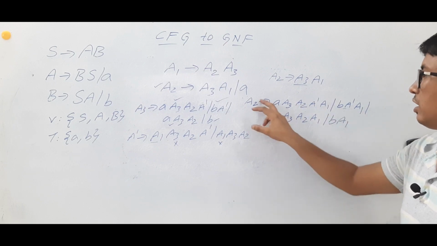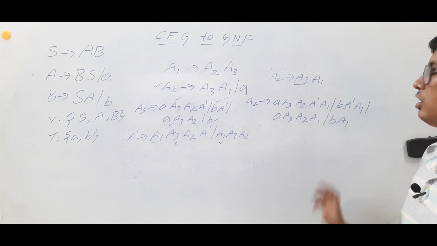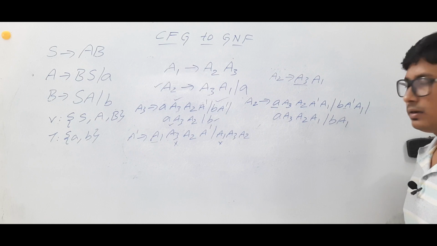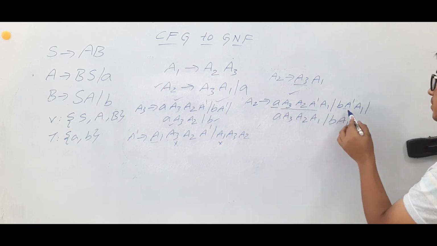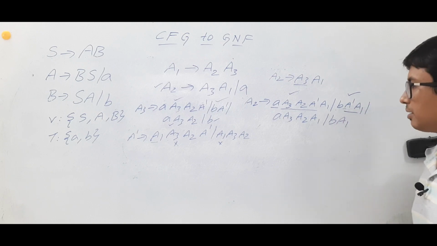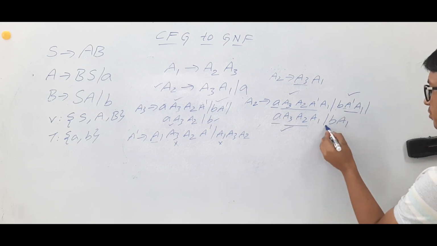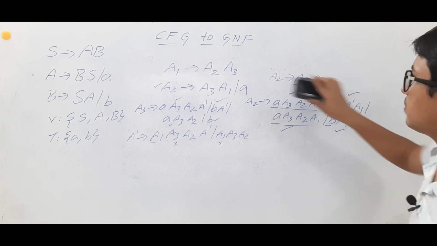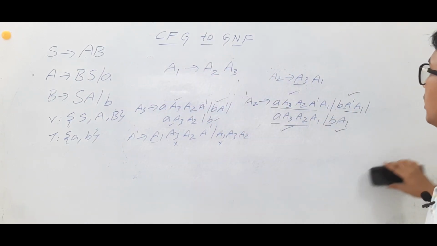A2 determines this one, or this one, and this one. Now if you see that all the productions are in the GNF, how? It is a terminal, after that any number of variables can come. So all the productions of A2 are in the GNF. So let me write the A2 productions here, so that we can continue further.